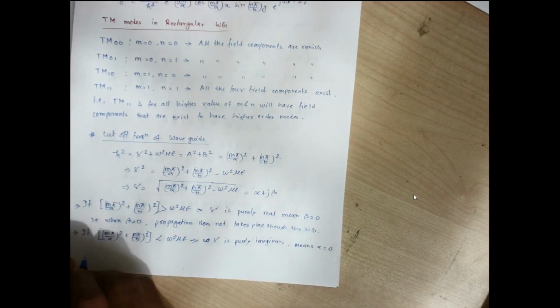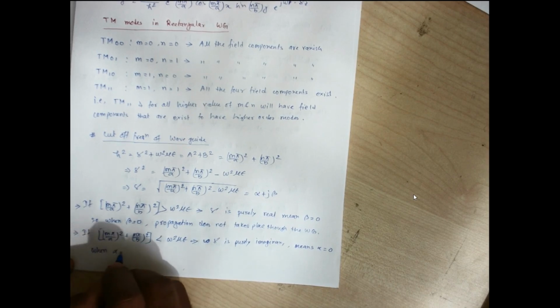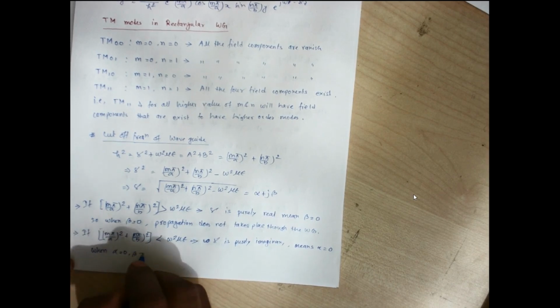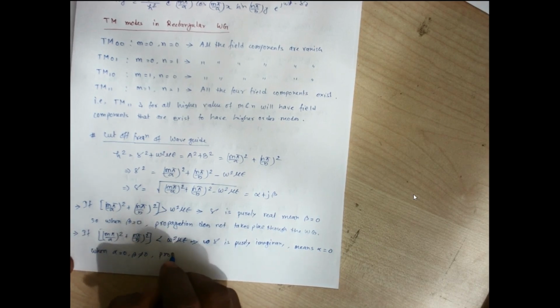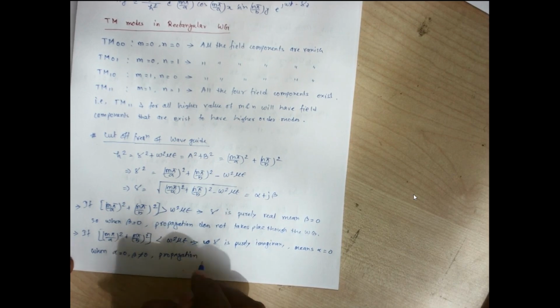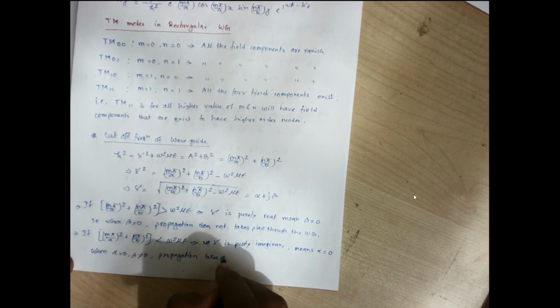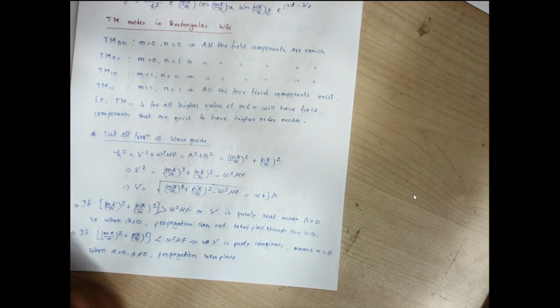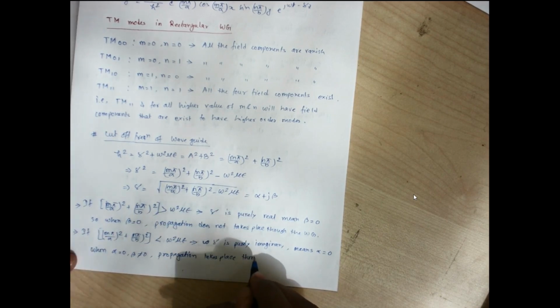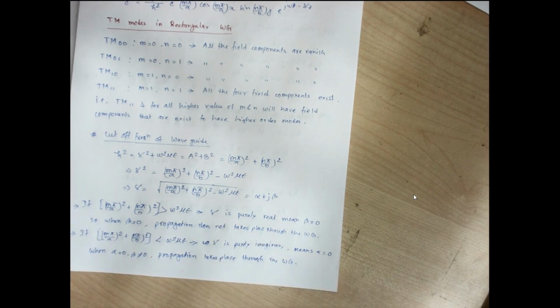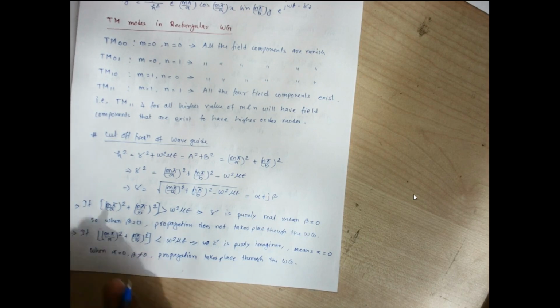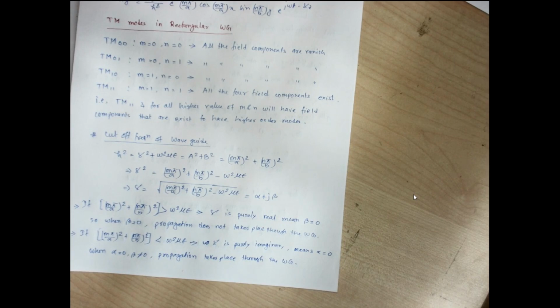Now when alpha is equal to 0 and beta is non-zero, propagation takes place through the waveguide. So to have propagation, we need m pi by a whole square plus n pi by b whole square to be less than omega square mu epsilon.